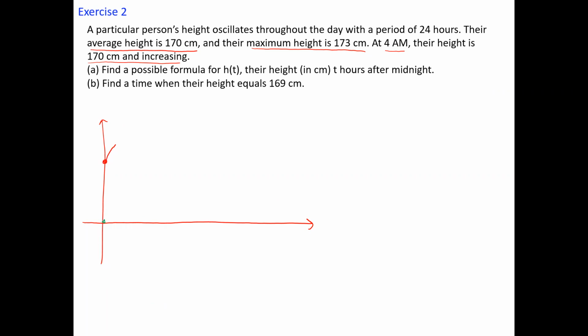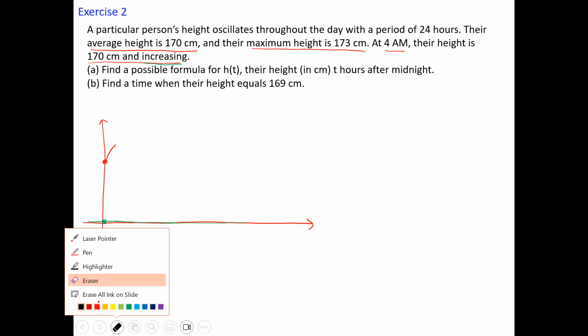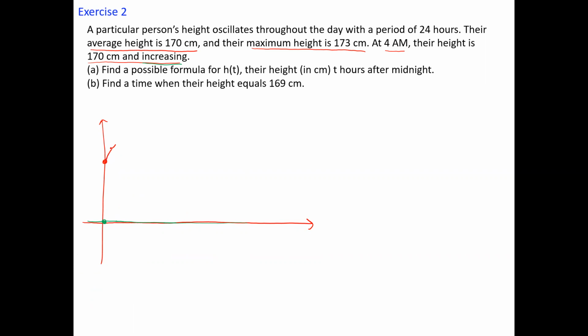Let me draw maybe. It's like this. And that's the average, because this is the midline for sine function. And from that average it is increasing, that's what it's suggesting. But we will shift everything.